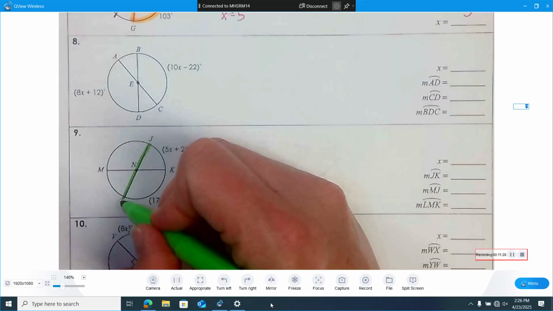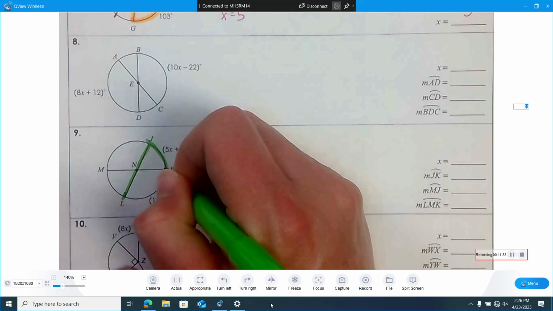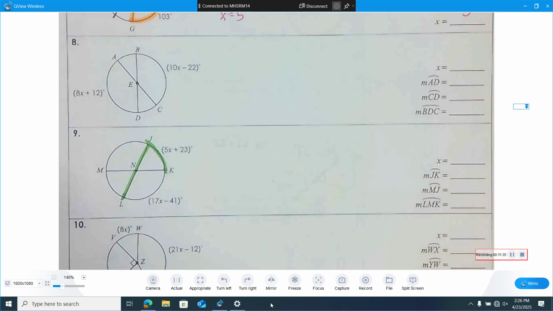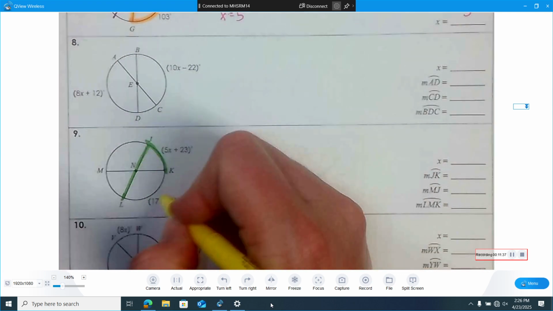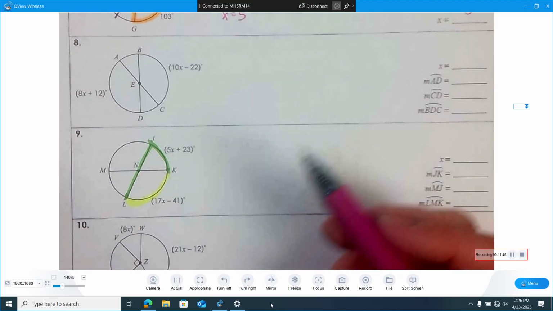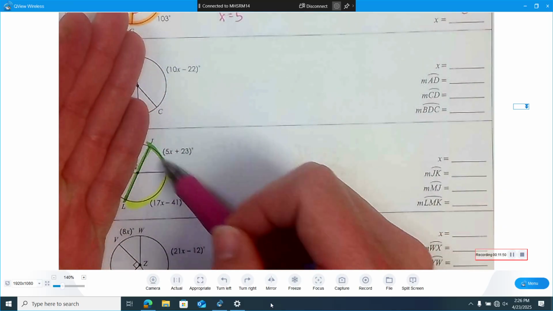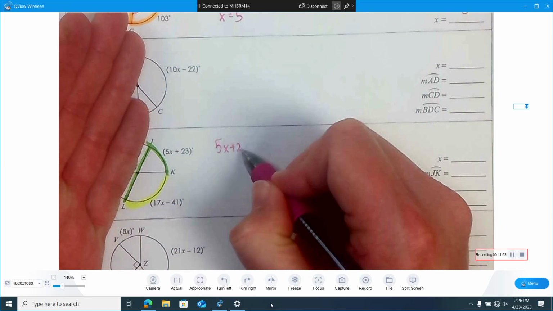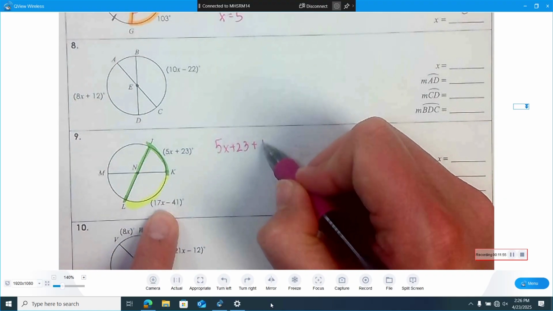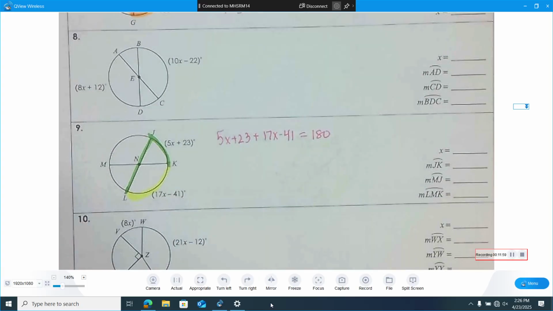All right. So I have a diameter here, which, yeah. So this green arc plus. Wait, can we do 5x plus 23 plus 17x minus 41 equals 180? Yeah. Okay. So because we have the diameter, this 5x plus 23 plus 17x minus 41 should equal 180.